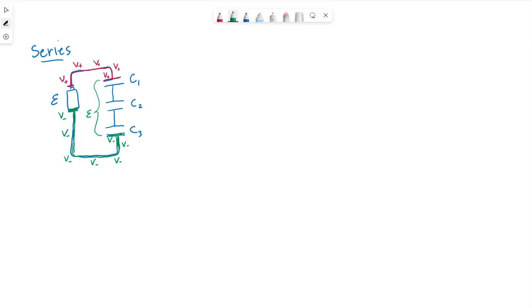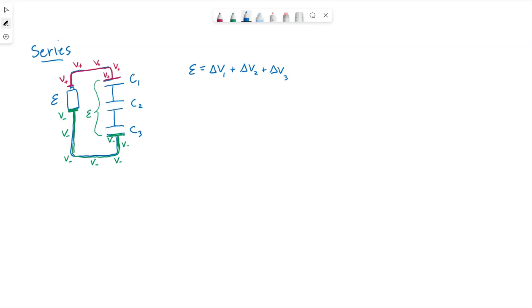But that also encompasses three capacitors. So what we can say is that the battery voltage is somehow shared between those three capacitors. If I had drawn 4 capacitors, I would say plus a delta V4. However many capacitors I have in series, those have to add up to the battery's voltage.